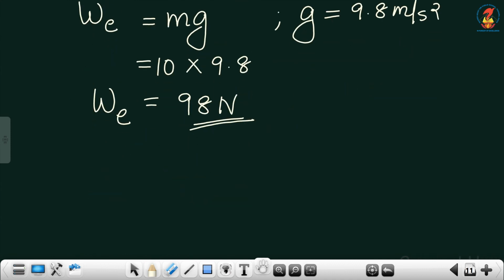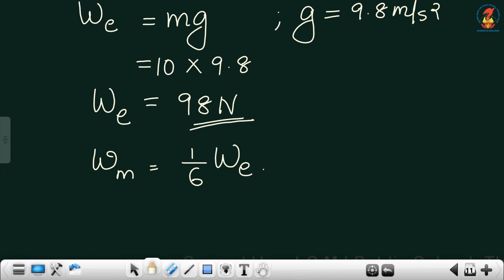Now, the weight of the same object when placed on the moon is 1/6 times the weight of the object on earth. So, that is 1/6 into the weight of the object on the surface of earth, which is 98.